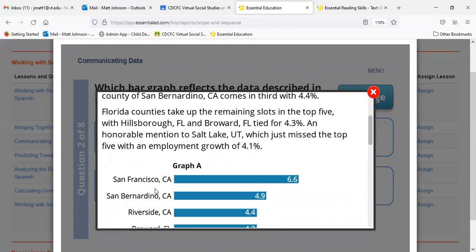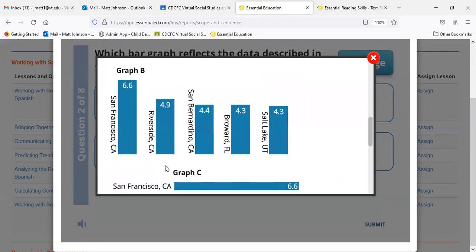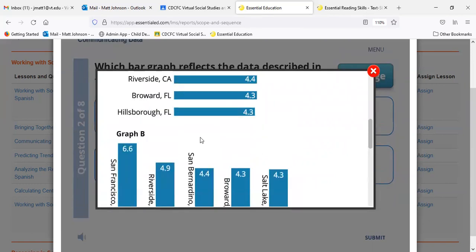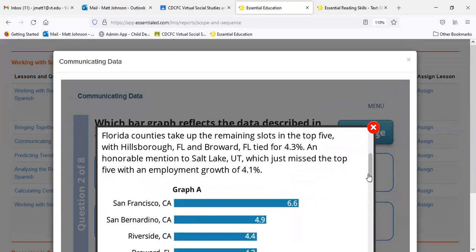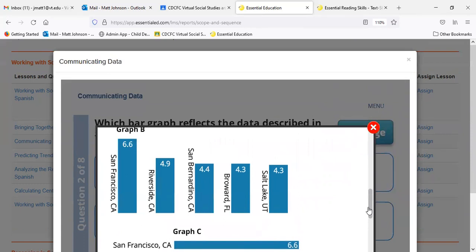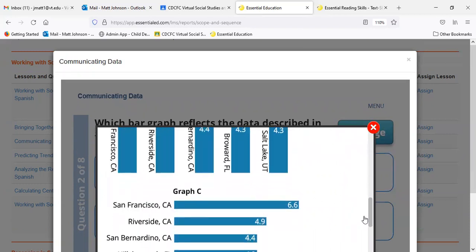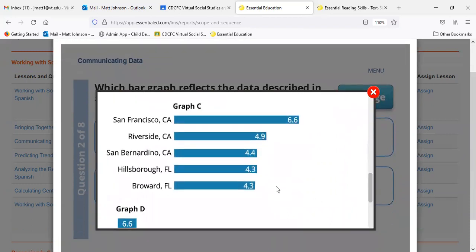It was 4.4. So right away, we can eliminate graph A. Graph B, San Francisco, 6.6. Riverside, 4.9. Okay, that's right. San Bernardino, 4.4. Yes. But the last 2, Broward and Salt Lake City. Salt Lake City was just 4.1. So there you go. Eliminate that one. Graph C, of course, that is the right one.